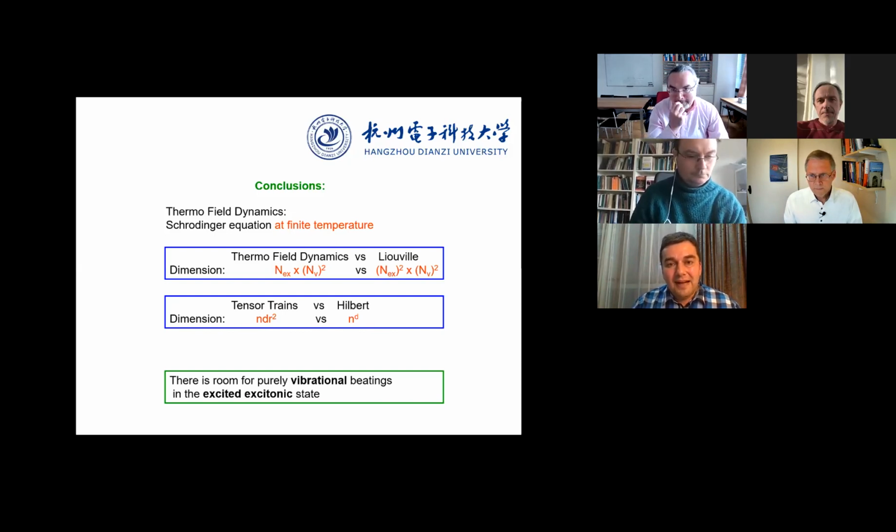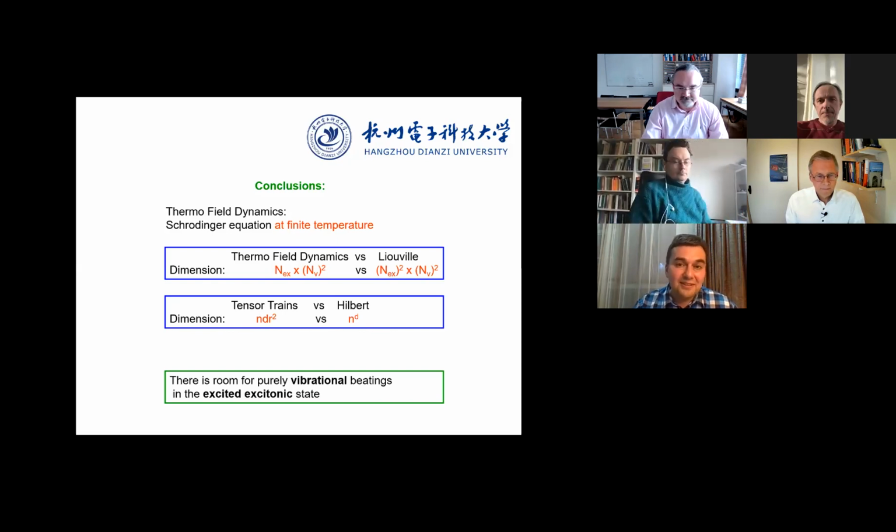I think the total physical plus fictitious energy is conserved, but for the physical subpart, you have an energy exchange between these physical degrees of freedom and fictitious degrees of freedom. And that is why you can describe this temperature effect correctly and exactly.